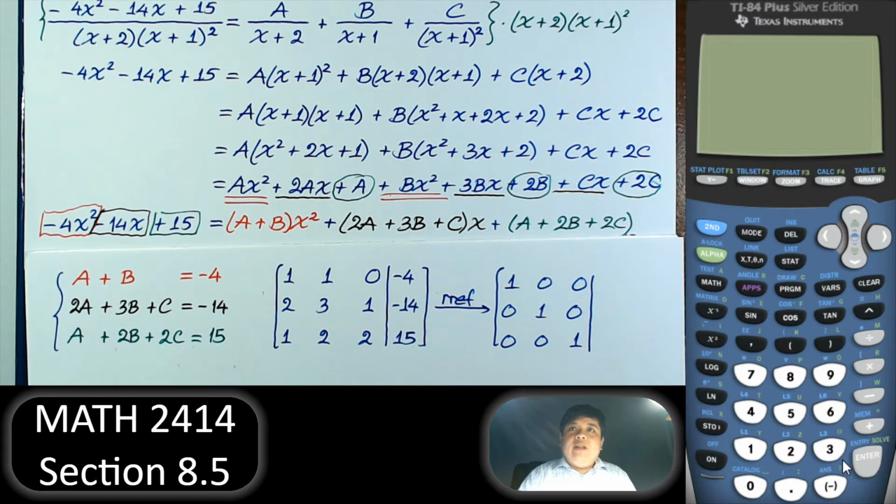Second matrix. Go to math, reduce row echelon form. Alpha, zoom. 3 row, 4 column. That's good.